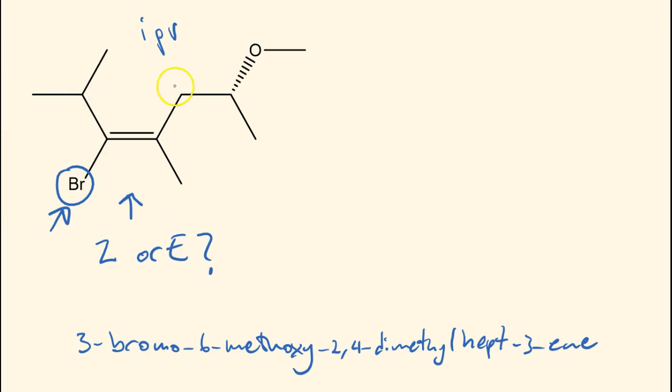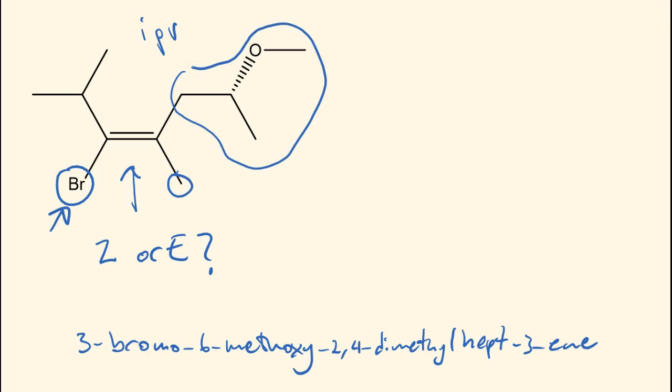On the right-hand side, it's really easy to see. Is it the methyl group or this whole giant thing? And it's easy to see that this one takes the higher priority.